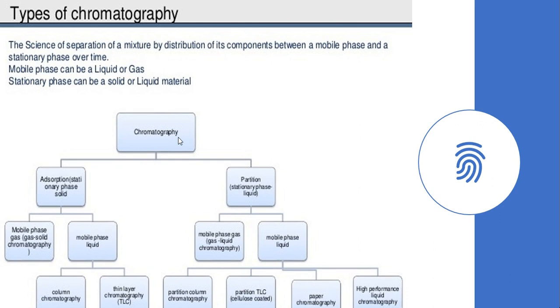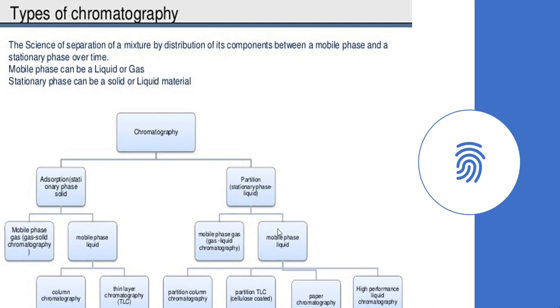types of chromatography. As I told you, principally these are categorized into two types: adsorption chromatography and partition chromatography. In adsorption chromatography, the stationary phase is a solid, and in partition chromatography the stationary phase is a liquid. But coming to the mobile phase, it can be a liquid or gas in both.